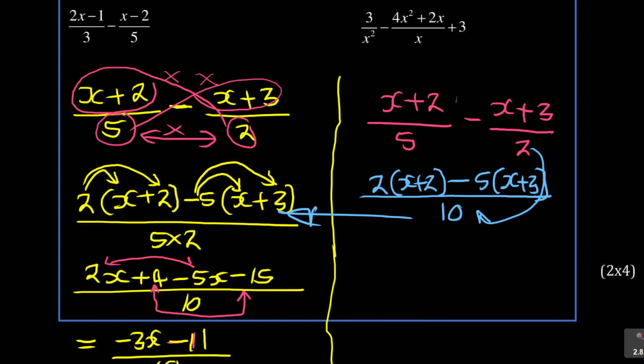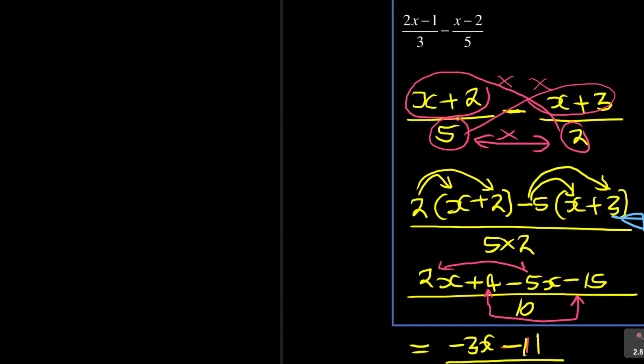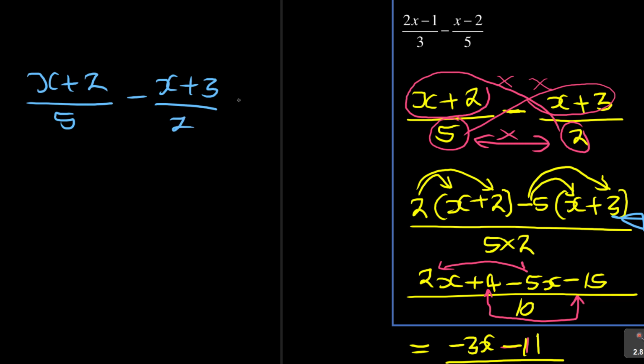Sometimes though they will give you a little bit of a twist. They can do this to you: x plus 2 over 5 minus x plus 3 over 2, then they say plus 3. They just added an extra number there.